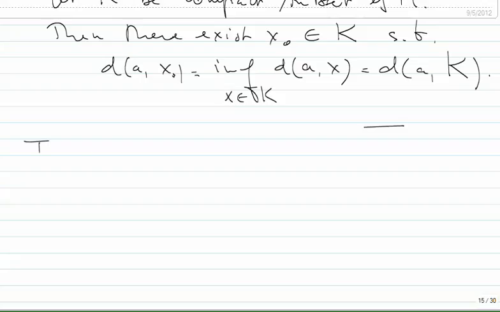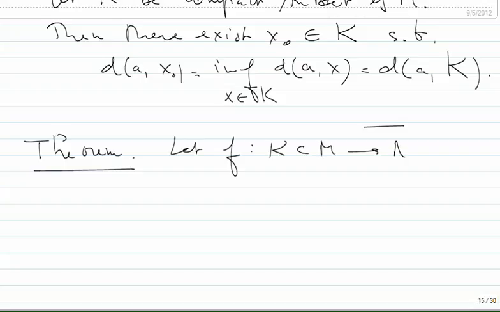Theorem. Let f defined on a compact subset K of a metric space M be continuous, where K is compact.